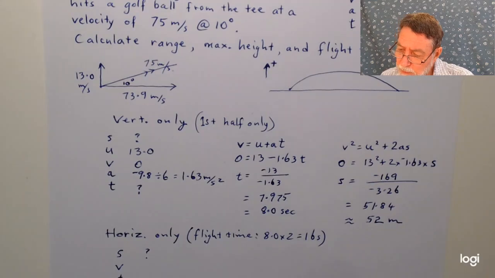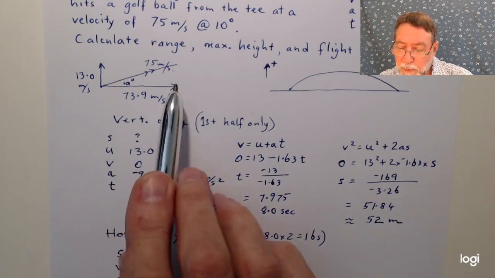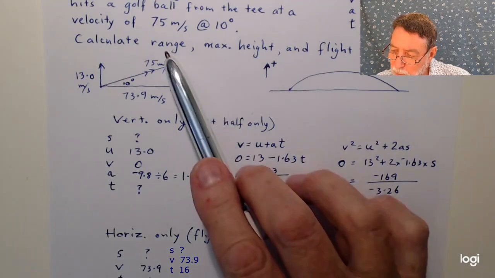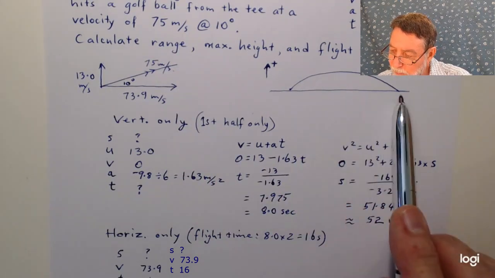Initial velocity, well, that was the horizontal component, 73.9, and the time we just figured out there, 16 seconds. And now I can work out displacement horizontally, which is what the range is. Range is how far it goes horizontally.